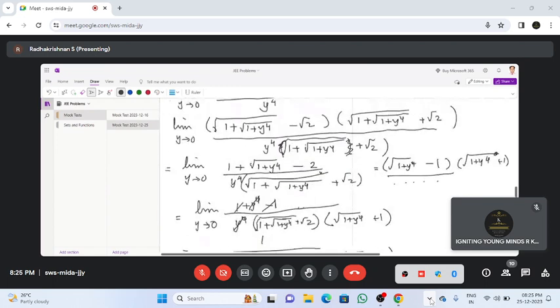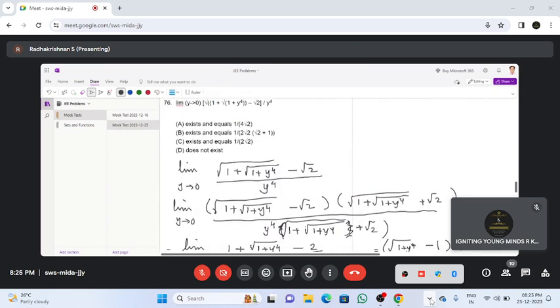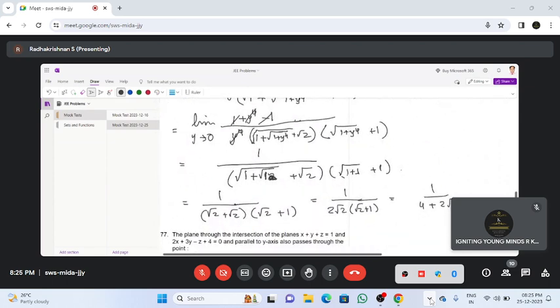Either this option is not there, right? There's nothing like 1 by 2 root 2 into root 2 plus 1. Oh, that option is there, you know.